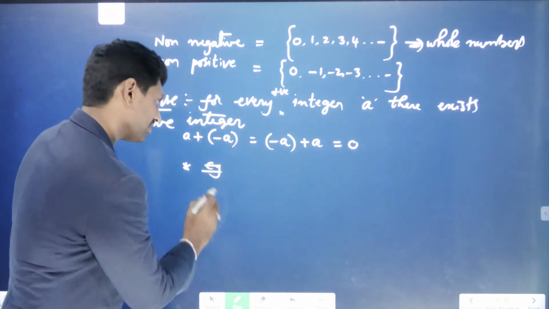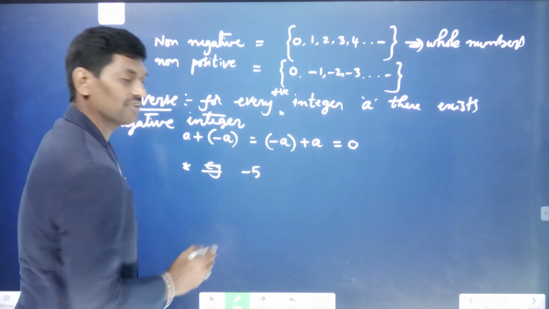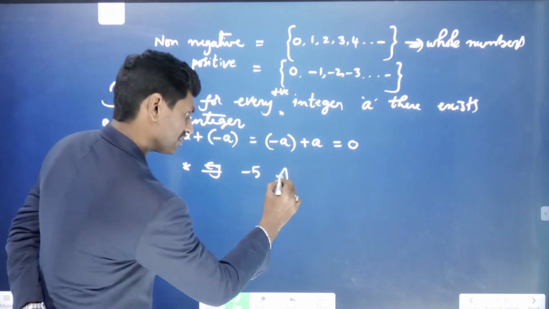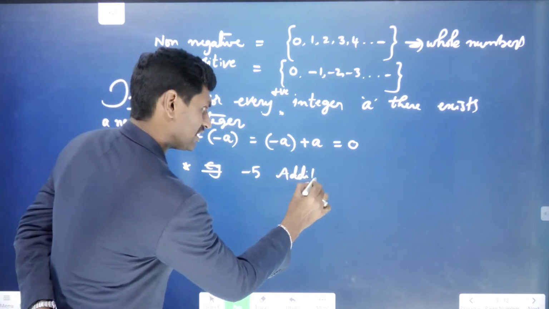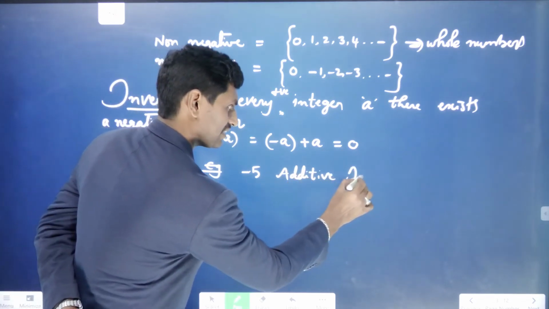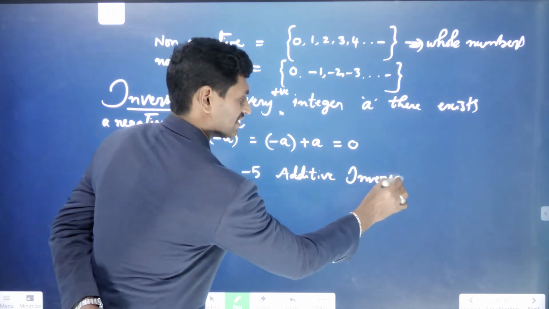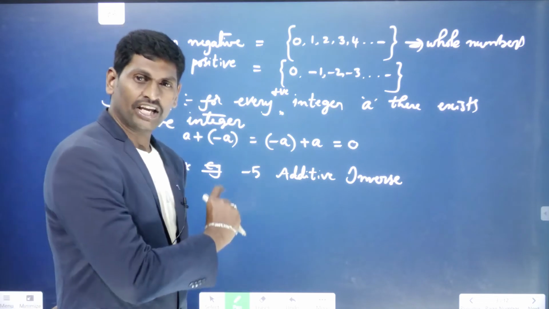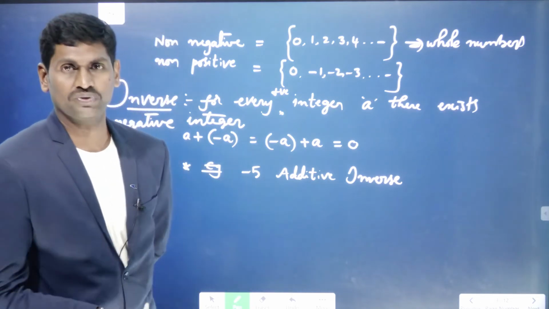For example, minus 5. What is the additive inverse of minus 5? Now only I said for every positive integer there is a negative integer, and for every negative integer there exists a positive integer.